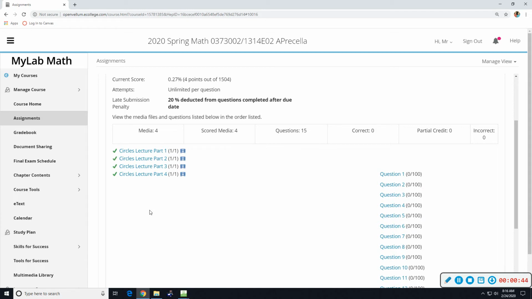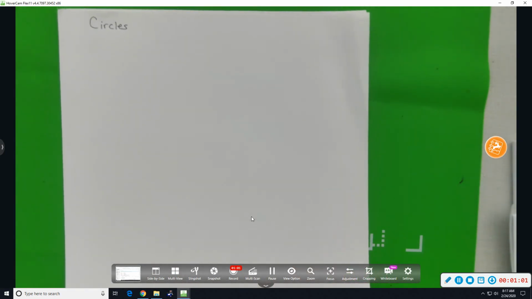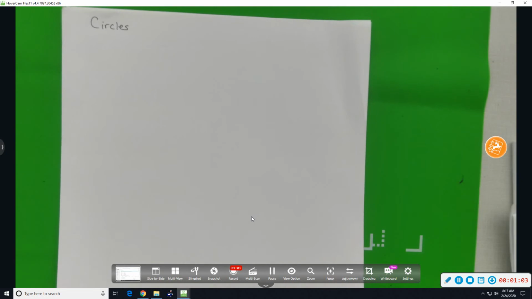I don't think I'm going to write out a formal definition for circle. I think most people are familiar with the word. But if you want a formal definition, a circle would be a set of all points that are equidistant from a given point called the center.